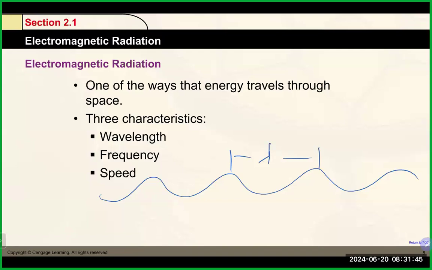Frequency is how many times the wave passes a particular point in a second, and that is sometimes abbreviated with the nu symbol. The speed of a wave is how far it's going per second, like meters per second, how fast it is traveling. So let's take a look at each of these.